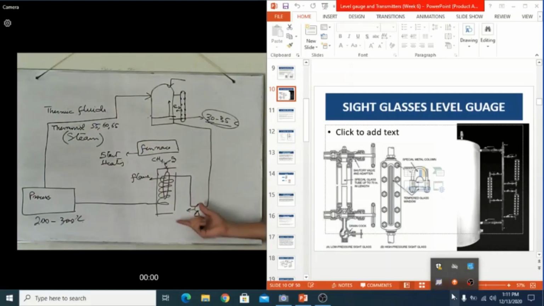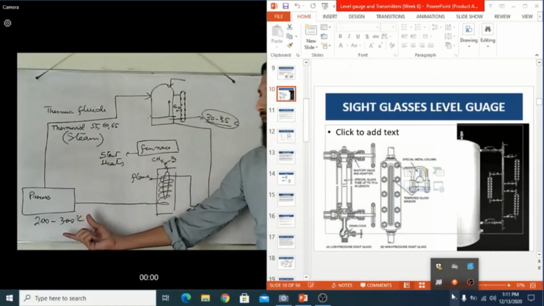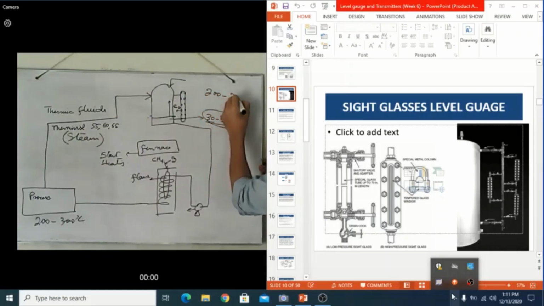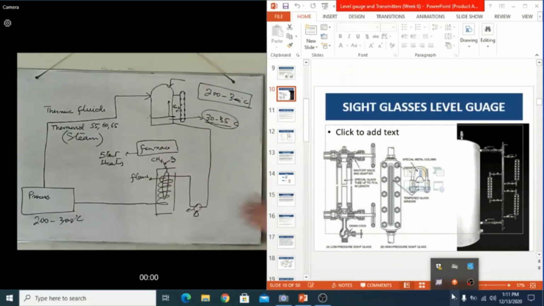Gradually it will start to increase your fluid temperature and ultimately your process temperature. Let's suppose you reach the required temperature specification of the process, which is around 200 to 300 degrees centigrade, and here you can clearly see there is a huge difference between 30 to 35 degrees centigrade and 200 to 300 degrees centigrade.